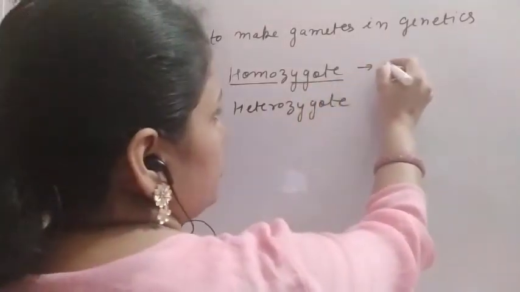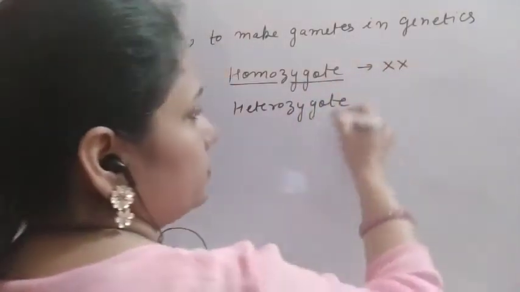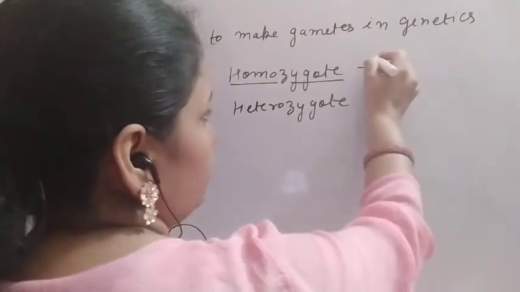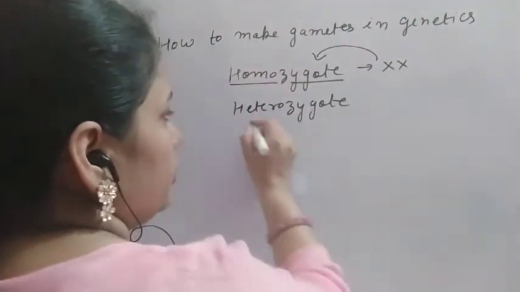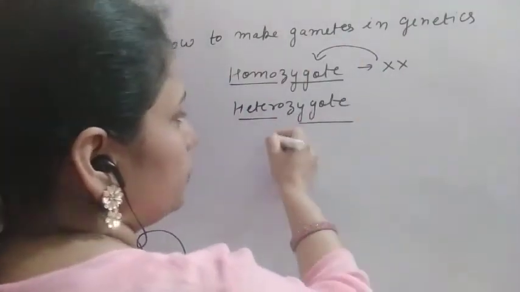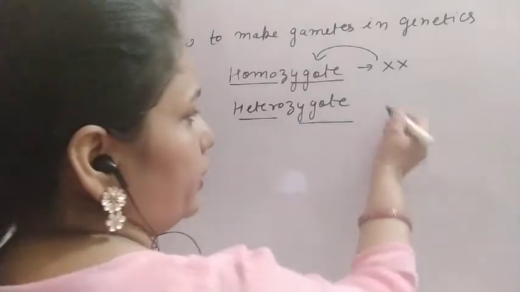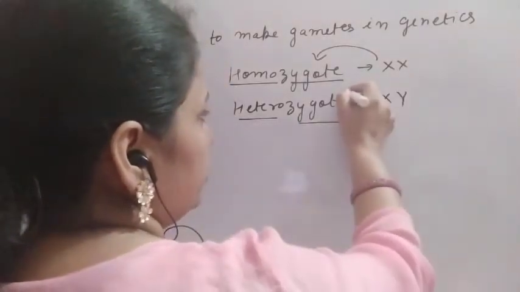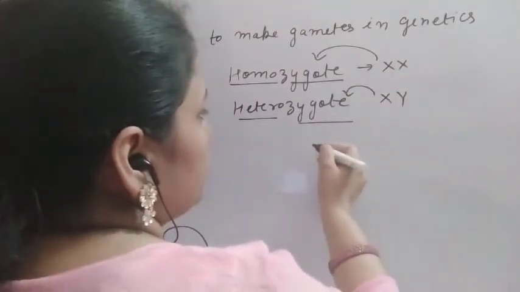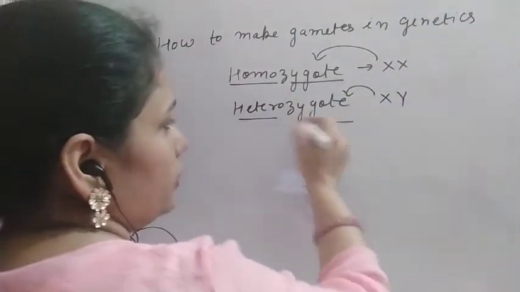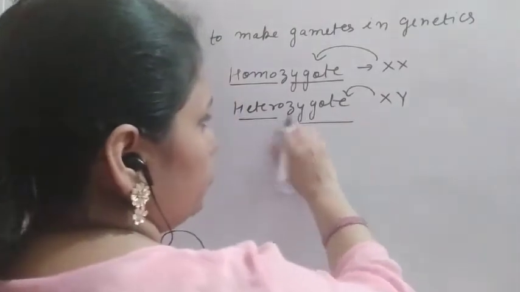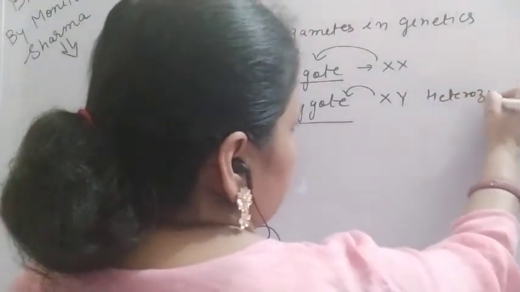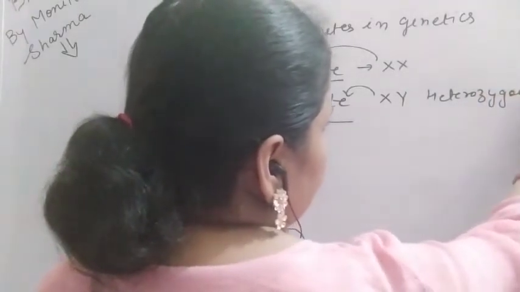Suppose in case of female the XX zygote is there, so both the chromosomes are the same, so it is homozygote. Heterozygote means the chromosomes or the genes are different, like in case of male XY, so it is heterozygote. This type of organism is known as heterozygote, and this condition is the heterozygous condition.